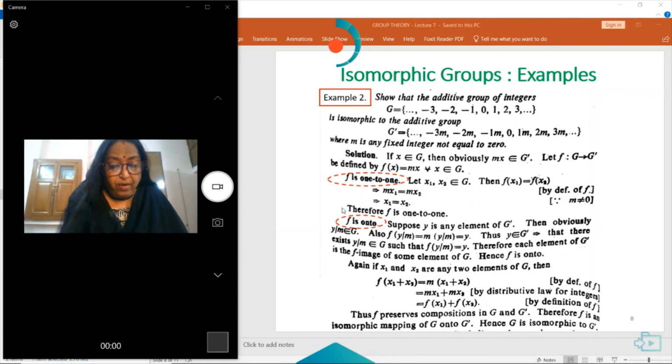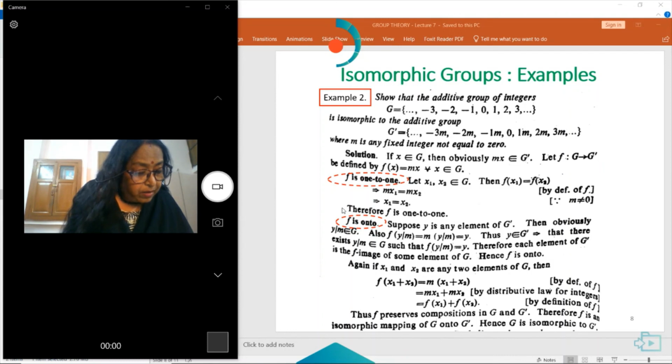Thus, f of x1 plus x2 is equal to f(x1) plus f(x2). Thus, f preserves composition of G into G dash. Therefore, f is an isomorphic mapping of G onto G dash.